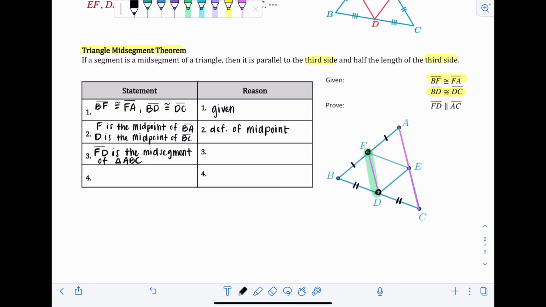So segment FD is the mid-segment of triangle ABC. And we established that by going back and rereading the definition of a mid-segment. So that's what our reason is going to be: definition of a mid-segment.